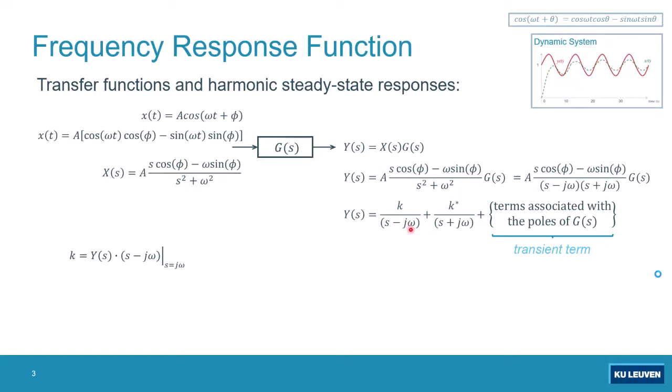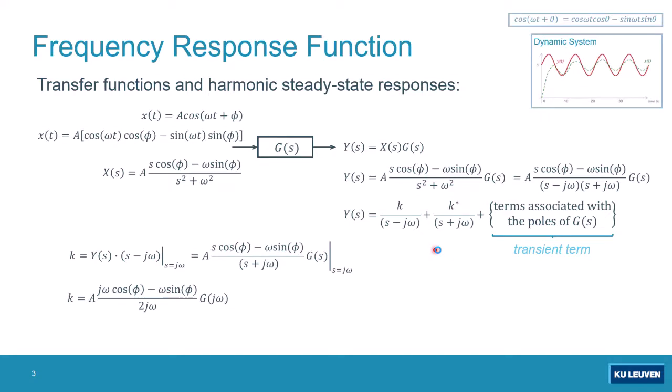Okay, you know how to do this partial fraction expansion. Because of this, s minus j omega will cancel this s minus j omega. This is what I will get. And then the last step, I just have to substitute j omega for all of the s's here. At the end, this is what I will get.